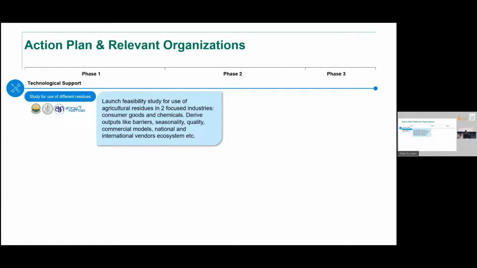However, the users, the consumers, the industries do not have a good idea of how to use these residues, be it for primary fuel production or diverting them for secondary or third generation fuel production. Hence, EEC will focus on creating a guidance for the agricultural residues for the industries, identifying the quantums, the volumes, sources, key barriers, and also seasonality for these crop-based residues.